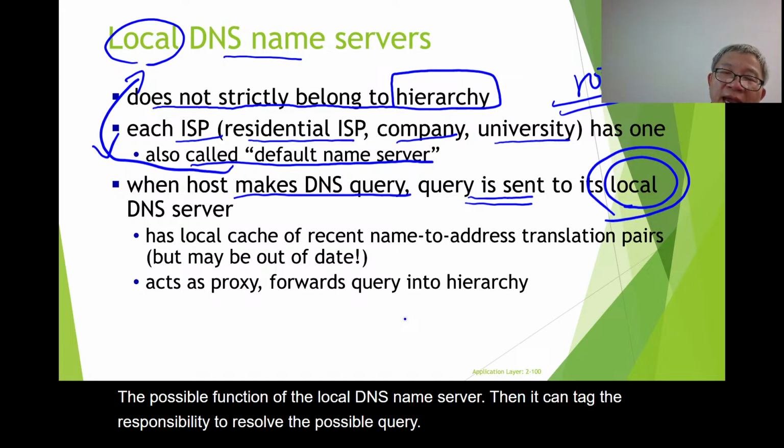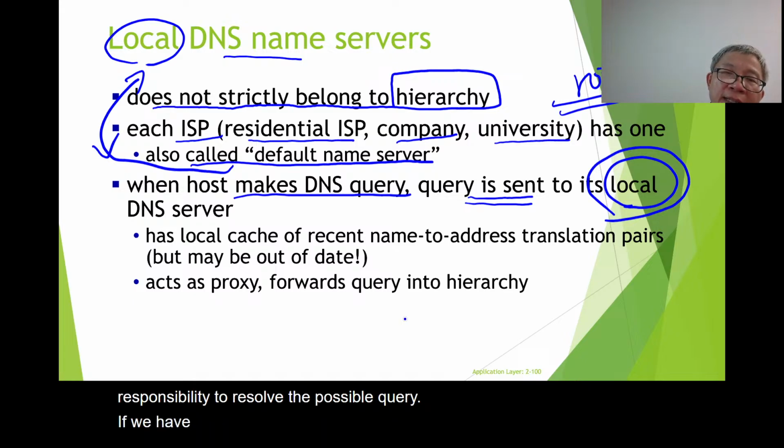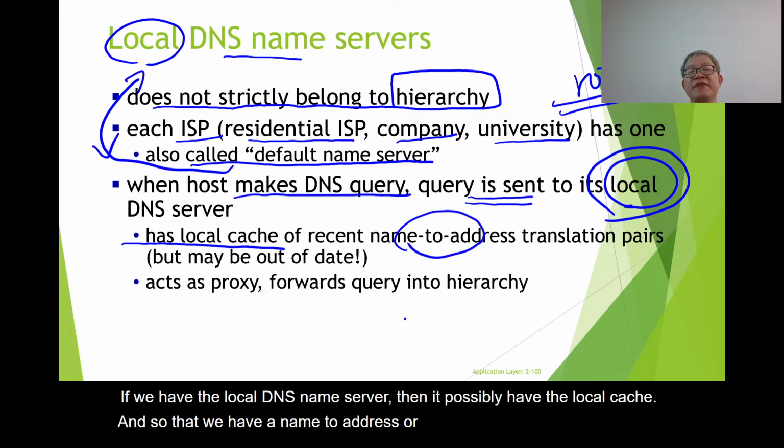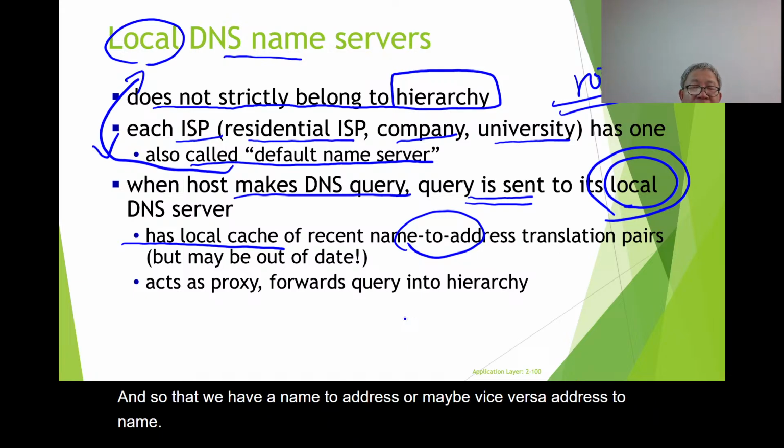Well, if we have the local DNS name server, then it possibly has a local cache, so that we have name-to-address, or maybe vice versa, address-to-name, translation pairs.